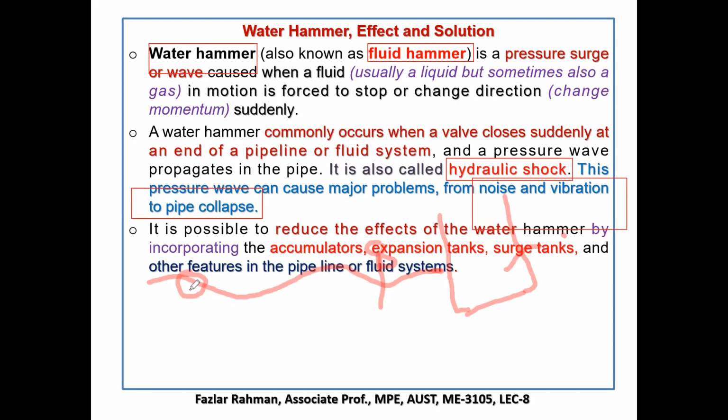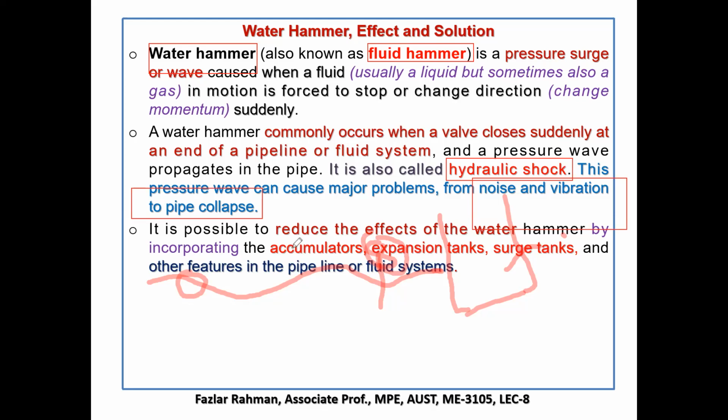Your pump might be 2 miles away, or 400 feet from the location of this valve, or you might be controlling from your control room. Electronically, you are managing your fluid system, so you give a command to close this valve. This pump is still far away from this valve, so you cannot give two commands at the same time.